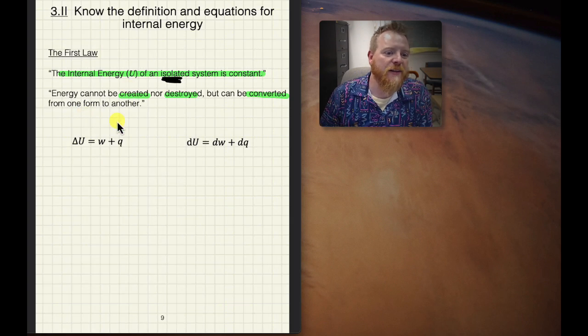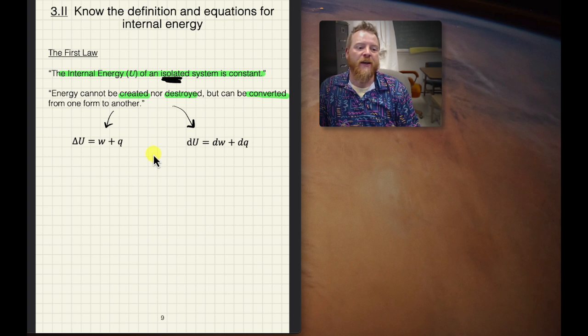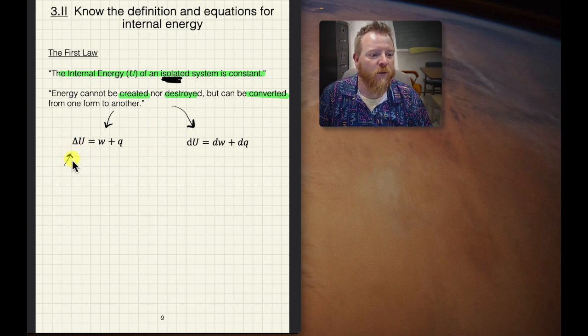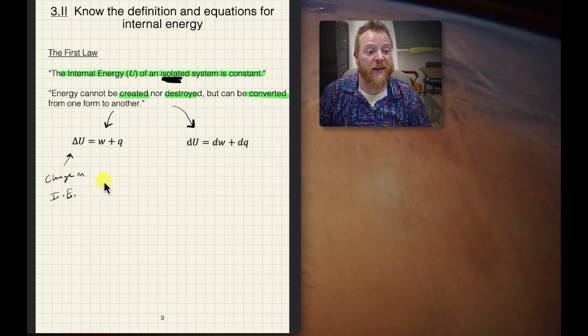So mathematically speaking, that gives us these equations right here that says the change in internal energy, I'm going to write IE for internal energy, is equal to work plus heat.